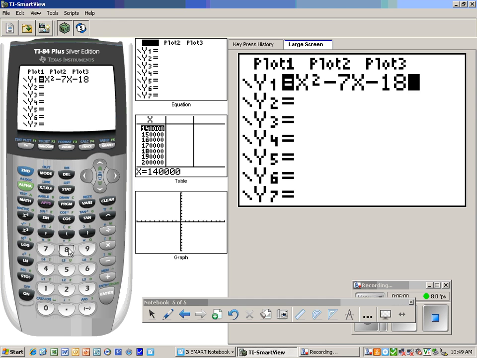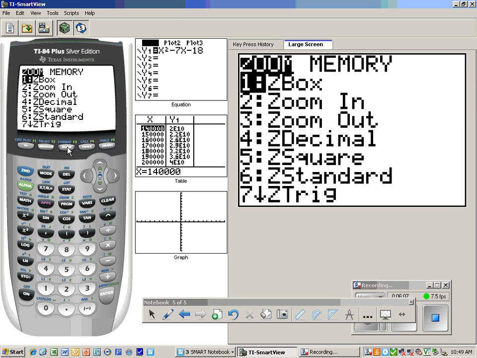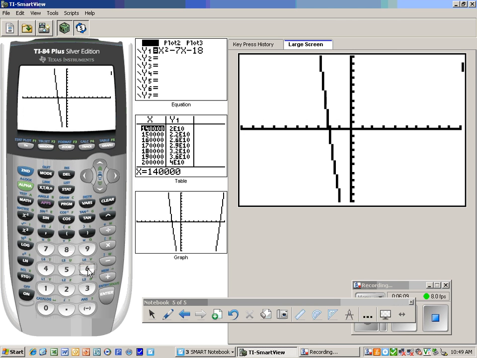To start with a standard window, I can use the zoom button. Press zoom, then hit 6 for ZStandard or zoom standard. The graph window pops up in a standard window, that is, -10 to 10 in both x and y directions.